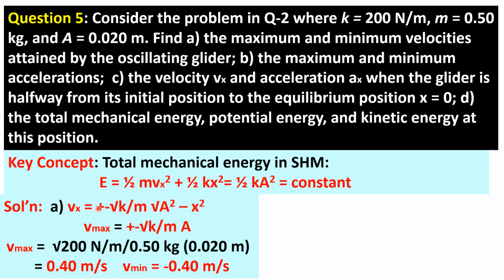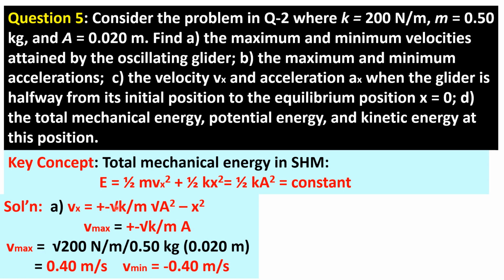And the sign for our vx could either be positive or negative. The vmax is expressed as plus or minus the square root of k divided by the mass, then multiplied by A. So the A here represents the maximum displacement.